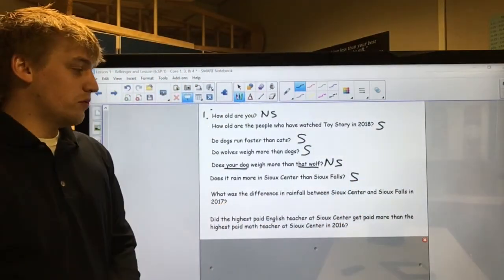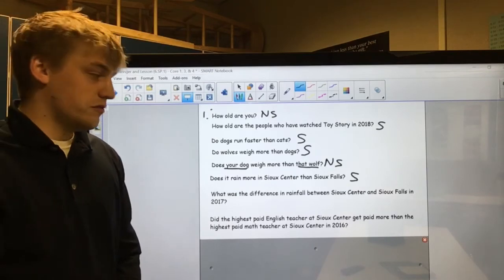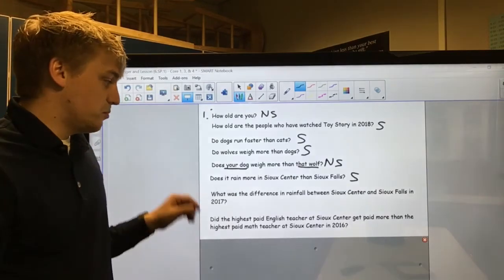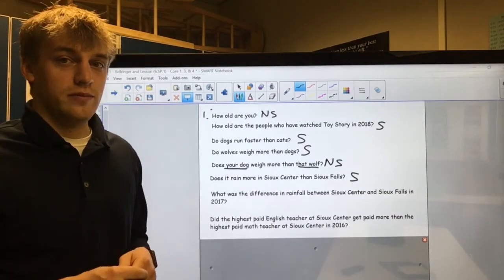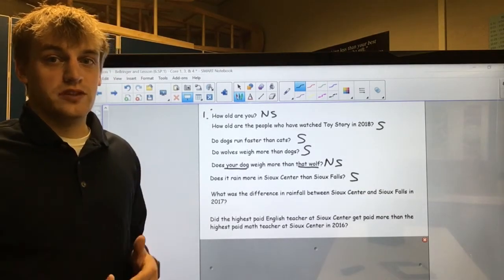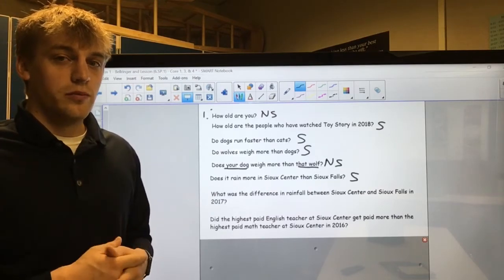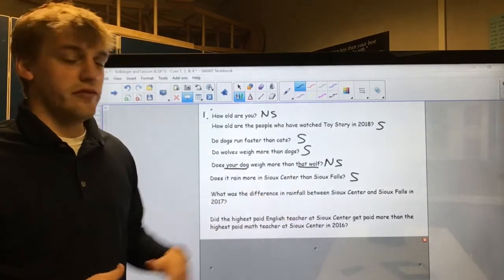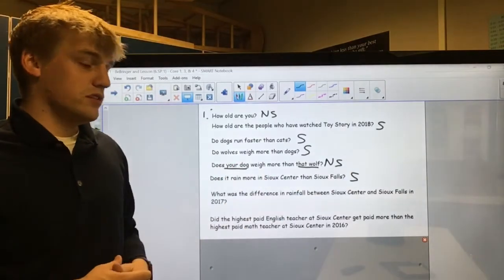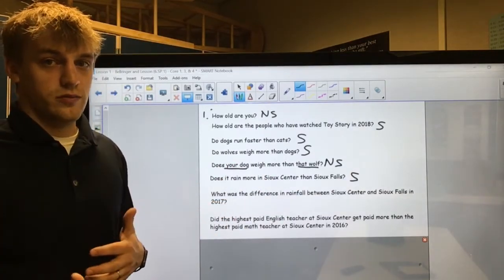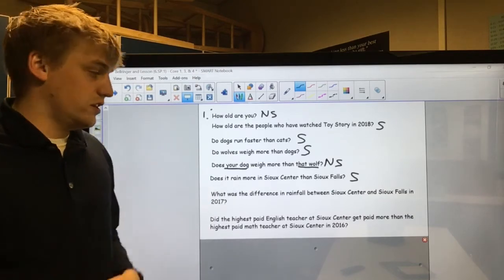What was the difference in rainfall between Sioux Center and Sioux Falls in 2017? That's a specific time that we would have one answer for. We would be able to look up the record of how much rain fell in Sioux Center, how much rain fell in Sioux Falls, and say Sioux Center had more, Sioux Falls had more, or Sioux Center had less, Sioux Falls had less.